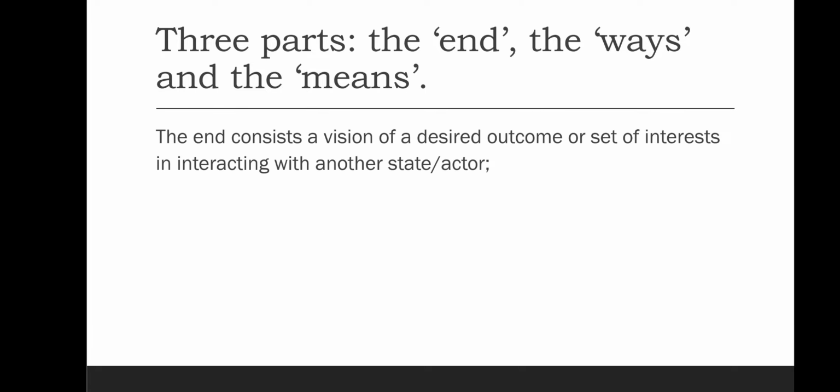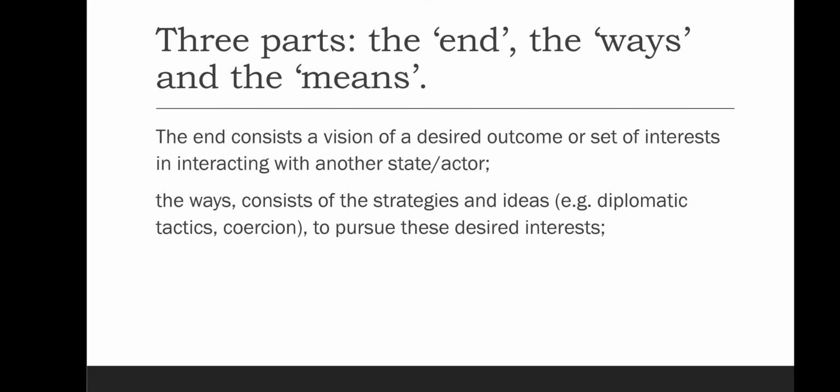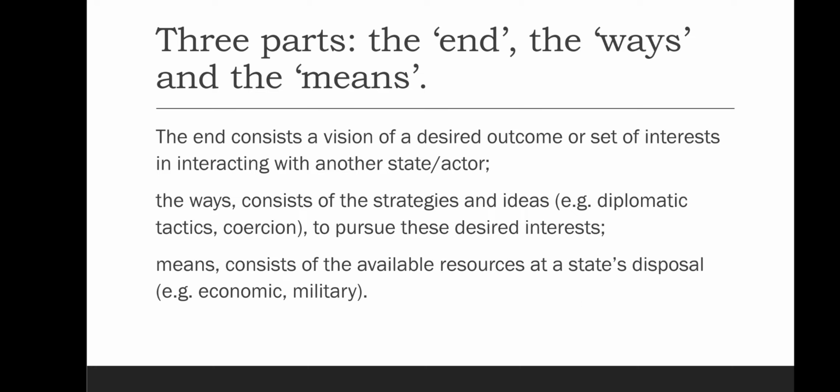The ends consist of the desired outcomes, the objectives or the set interests of the states when interacting with another state or other actors. The ways are the strategies adopted, such as diplomatic tactics or coercion, among others, in order to pursue the desired interests. The means consist of the available resources at a state's disposal, like economic or military resources and so on.